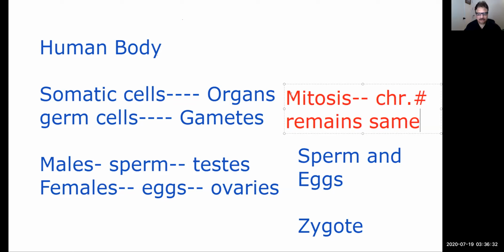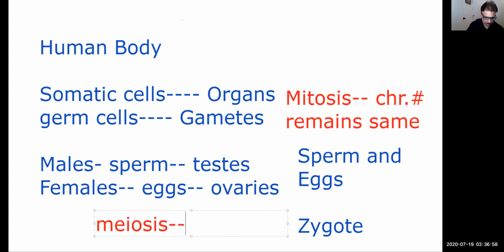But in meiosis, which is responsible for the generation of egg and sperm, the chromosome number is reduced. Reduced to what?